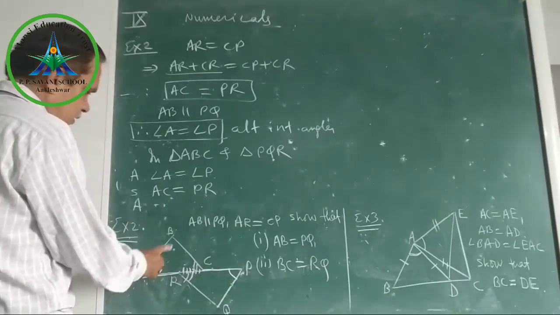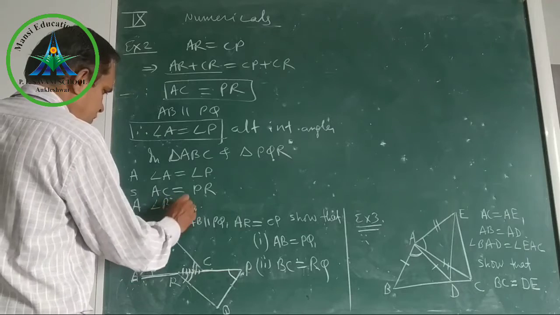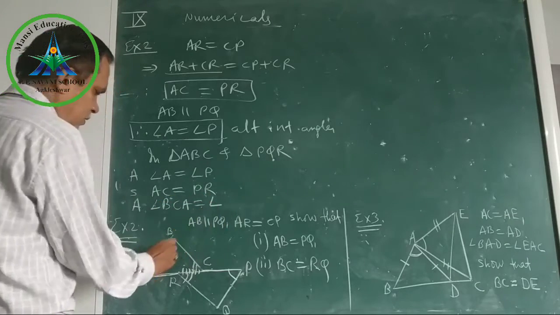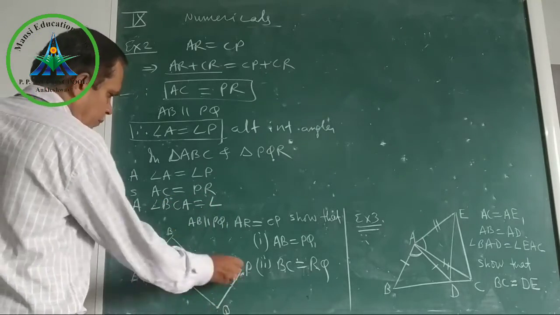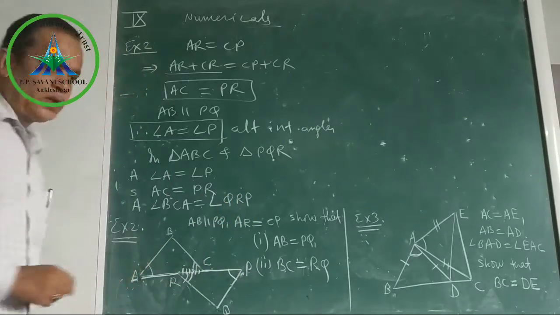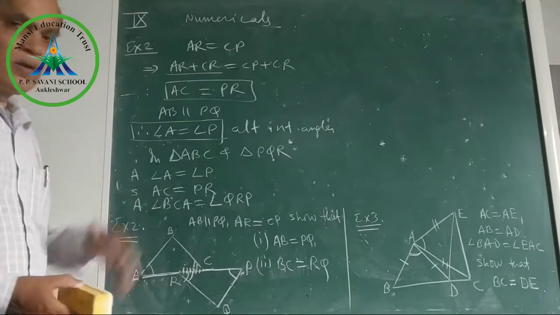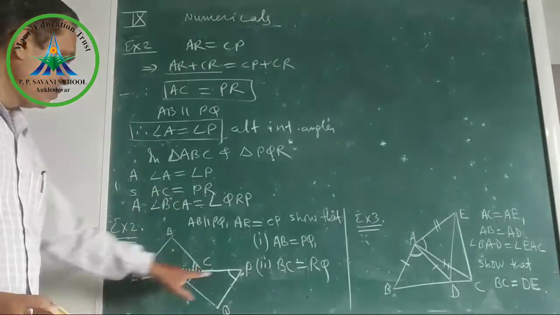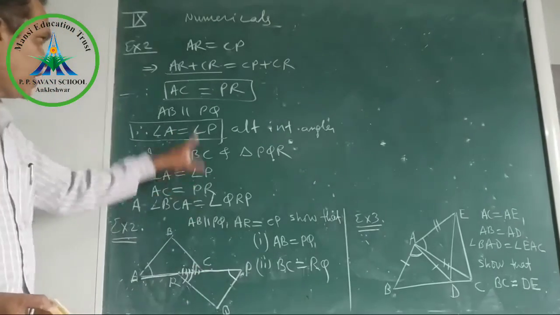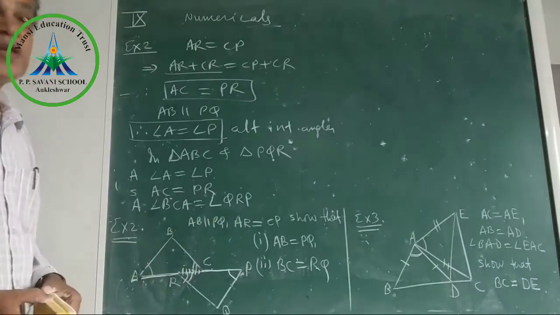Now angle BCA equal to angle QRP. BCA equal to angle QRP. Now what is the support? AP proved, AC equal to PR proved, and BCA equal to QRP given.